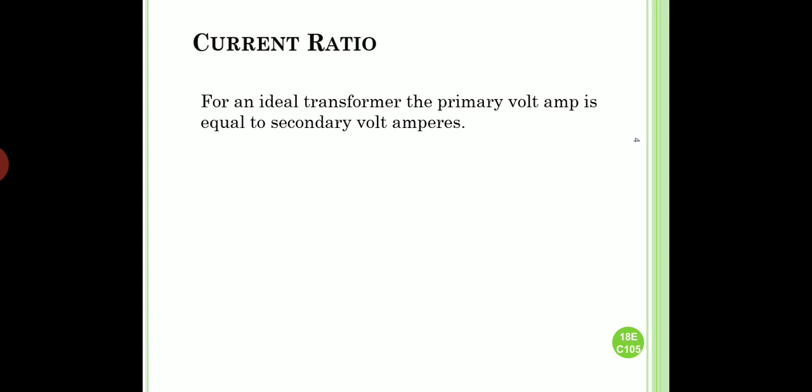We express it as volt ampere of the transformer, whereas for a load we refer to it as the power consumed, expressed in watts. Usually the source or supply of power is indicated as VA, volt amperes.